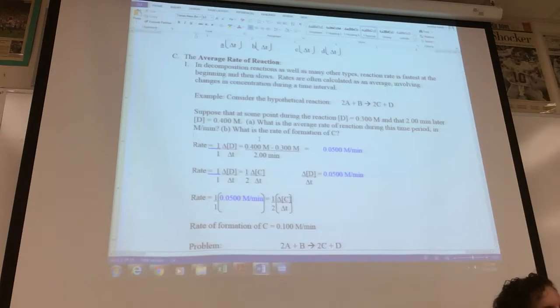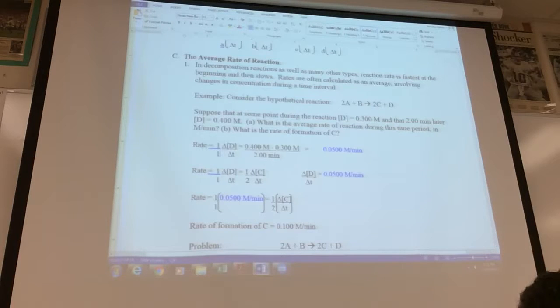If I didn't give you the reaction, how could you tell that D is a product? Because the concentration of it, or the amount of it per volume, increases over time. What is the average rate of the reaction? Very straightforward.